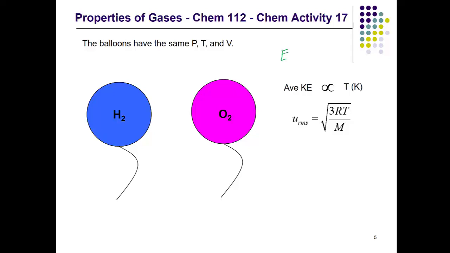Energy is equal to 1/2 mv squared. And so you can see that the speed of a particle does depend on the energy, but it also depends on the mass.